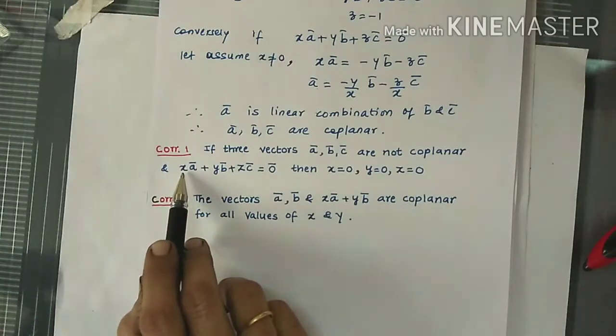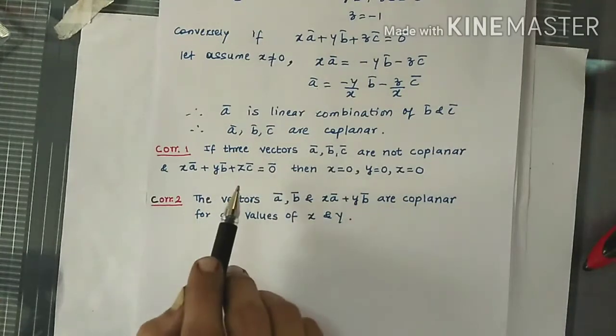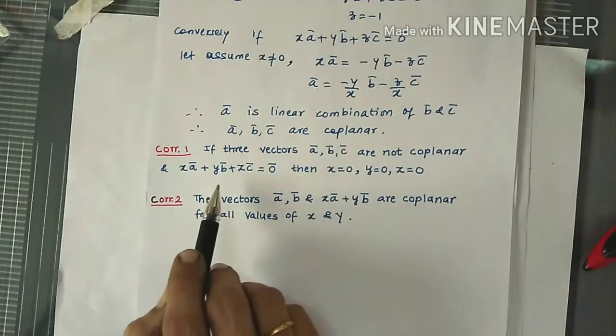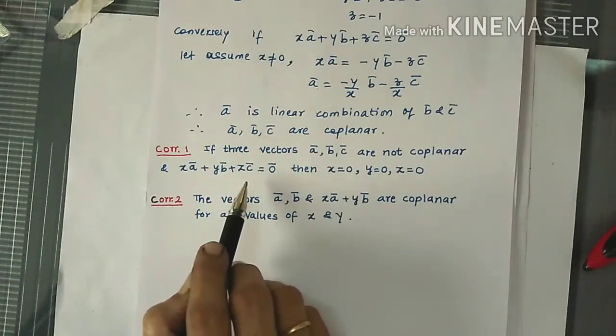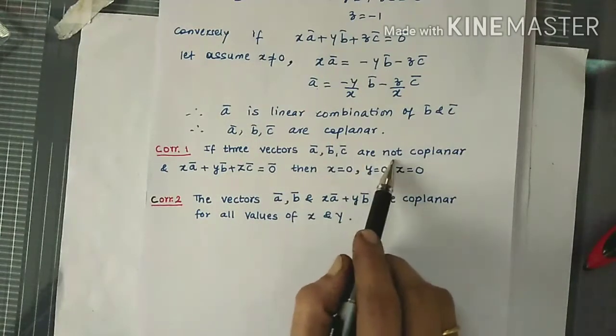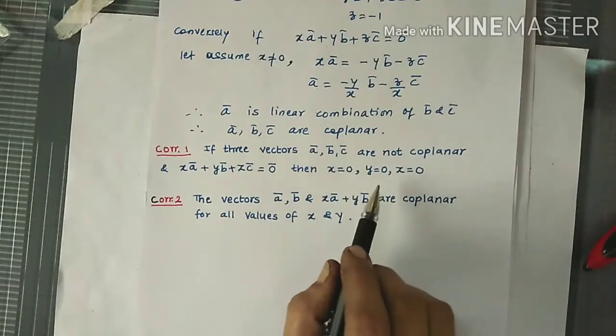Say for example, if X is not equal to 0, then we can write these two terms on the right hand side and we can divide by X. So A bar will be a linear combination of B bar and C bar, and those will be coplanar vectors. And that is not the case, as it is given they are not coplanar. Therefore X, Y and Z have to be 0.